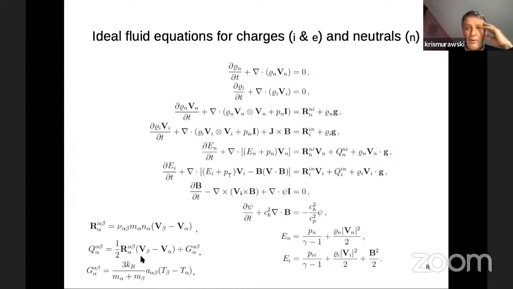Collisions work essentially as internal friction, so kinetic energy is released in the form of heat, but we also have an extra term, which corresponds to the fact that a warmer species transfers a part of its energy into the colder species.